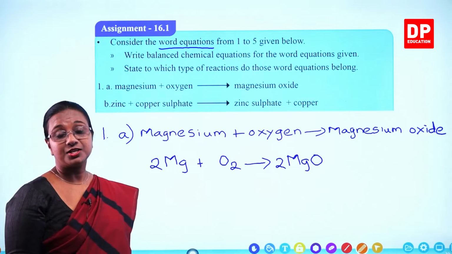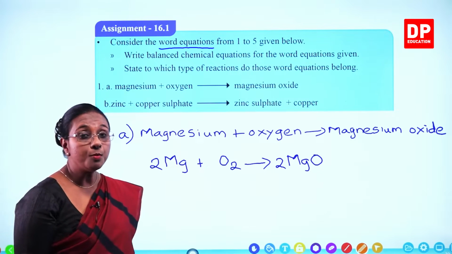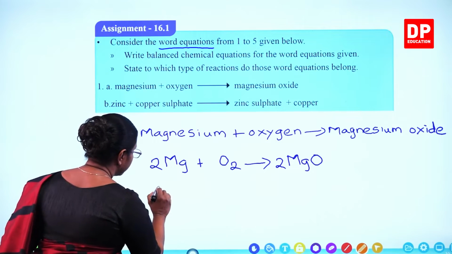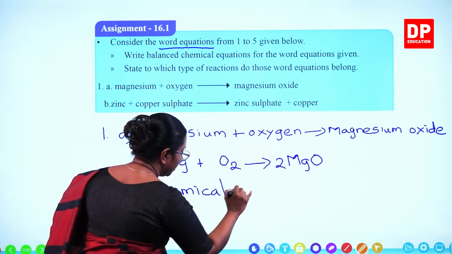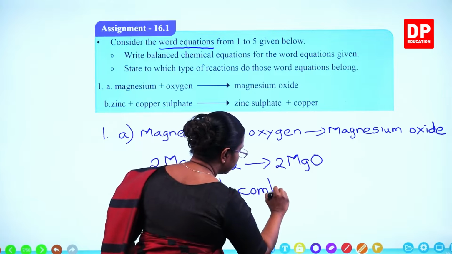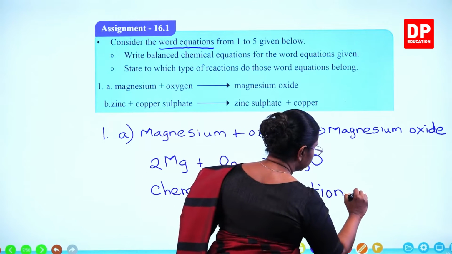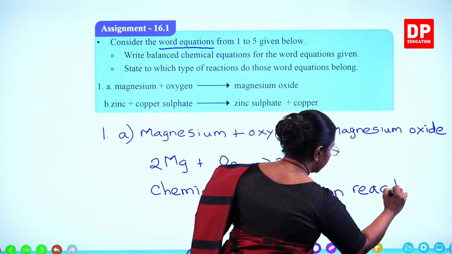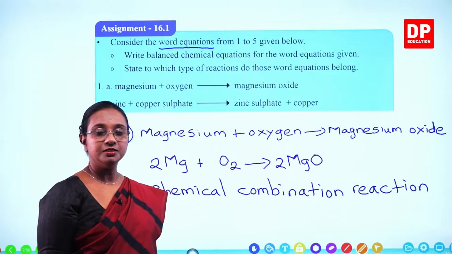What type of reaction is this? It is a chemical combination reaction. How do you identify a chemical combination reaction?